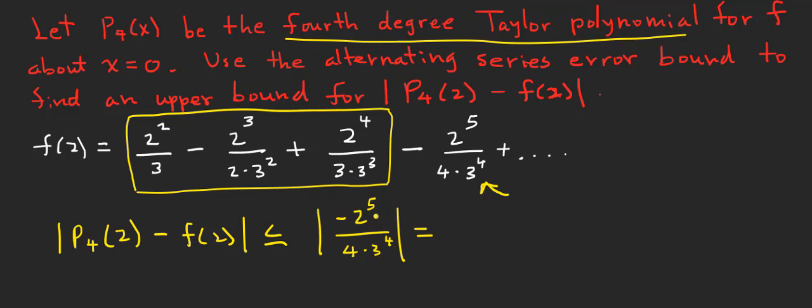And when you simplify this, you get 8 over 81. So p sub 4 of 2 will be the approximate value of the actual value of f of 2. And when you approximate, the maximum error will be 8 over 81.